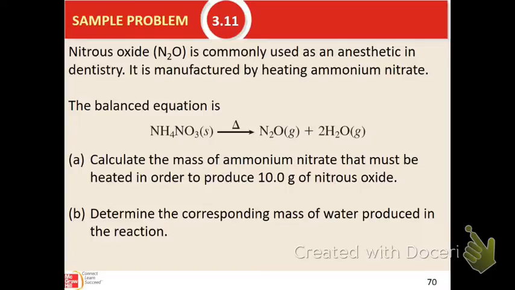So if we're going to make 10 grams of that, then how would we go about it? So again, let's get this balanced equation in our mind, and then let's work it out. And we're going to work it out on paper. This one is in your textbook, on page 100, and it tells you you have ammonium nitrate.